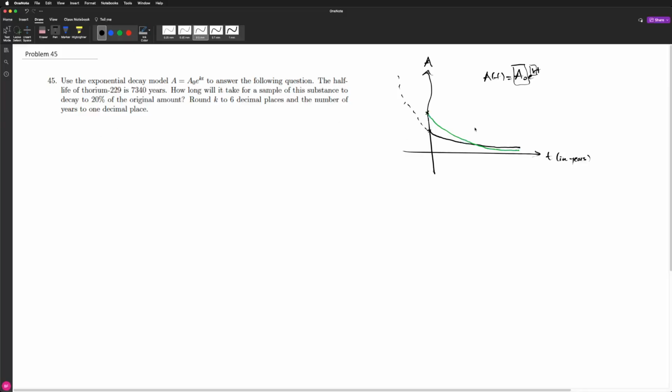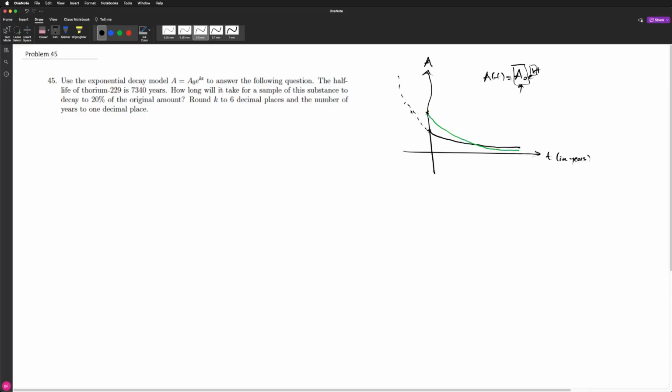So two pieces of information will be enough to find the model. The thing is, for this particular question, we don't need the initial mass because the question is asked in relative terms.